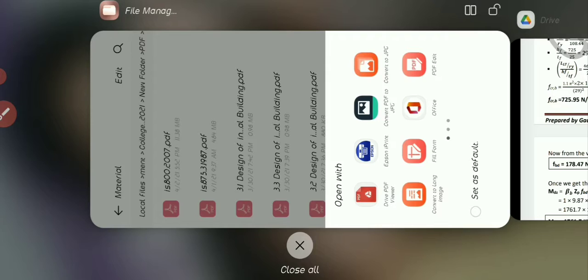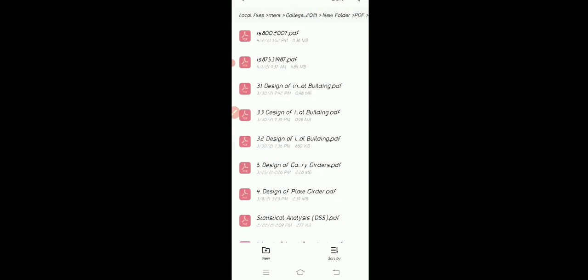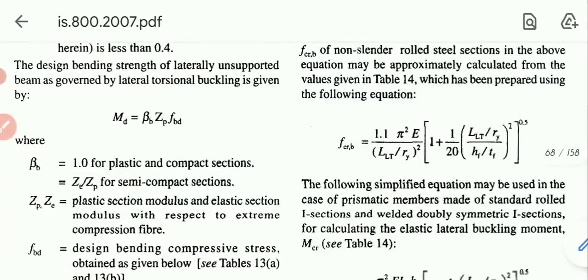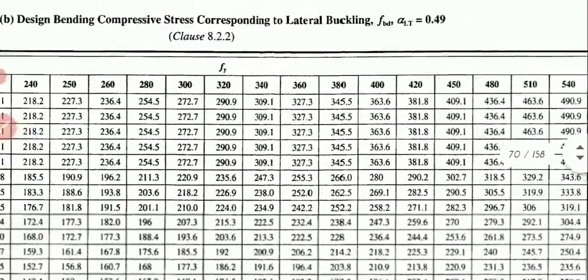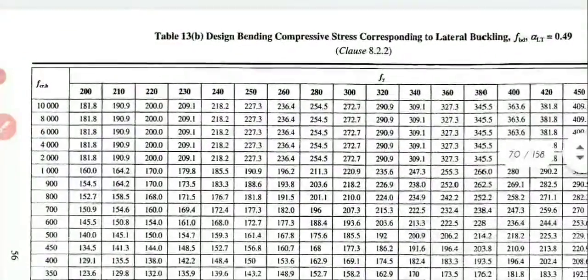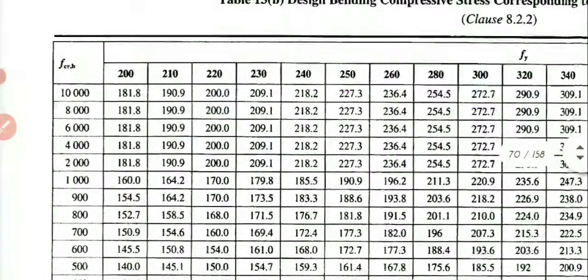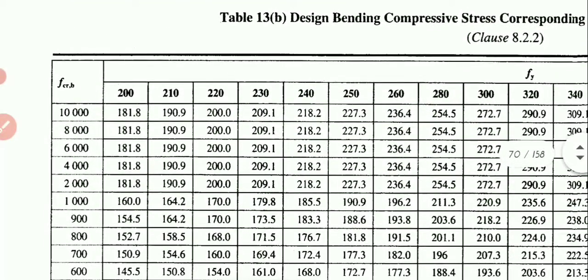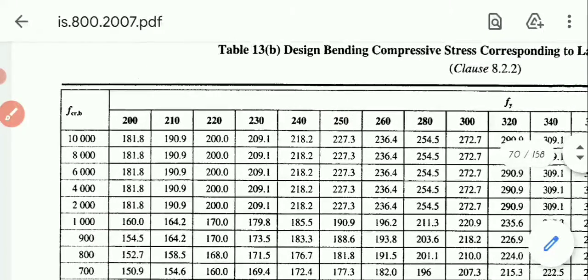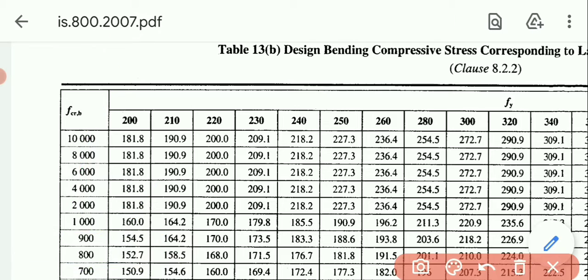Okay, let's go to table number 13B. Table number 13B, our answer has come 725.95. So ultimately it will be interpolation, between 700 to 800.